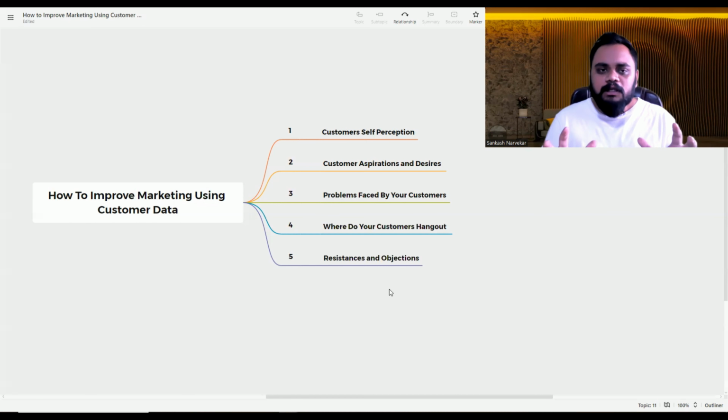And it's not just about understanding only the resistances and the objections that you are facing. Okay, but it is very important to also understand, because of what reason has someone bought from you. Okay, because when you put out messages, there will be some people who are gravitated towards you, who will actually ask you for something. Maybe they attend your webinars, maybe they attend a call with you, maybe they book a call with you.